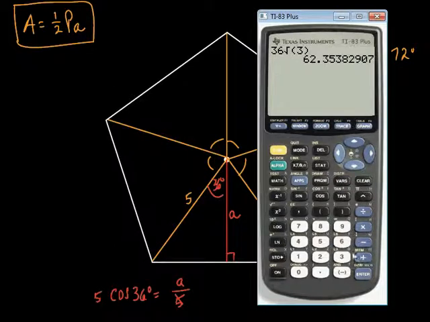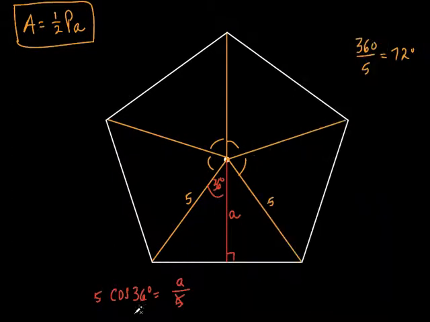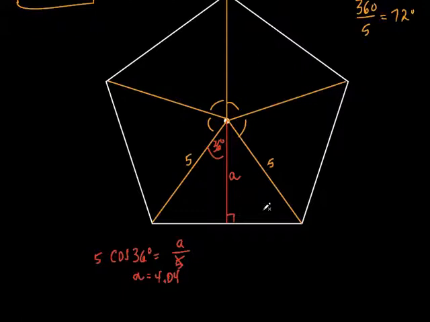All right, so it's 5 cosine 36, 4.04. So we'll just say it's 4. Is that all right? I'll say 0.04. You find the bottom one and then multiply it by 2. Yeah. You could do Pythagorean theorem, but let's do the trig function.